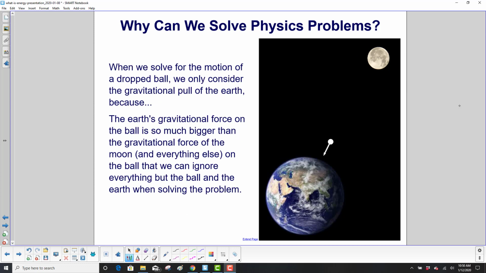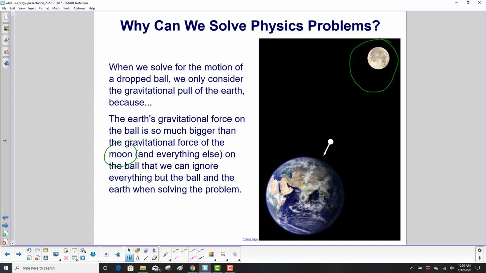When we solve for the motion of a dropped ball, we only consider the gravitational pull of the Earth, because the Earth's gravitational force on the ball is so much bigger than the gravitational force of the moon and everything else, including the sun, that we can ignore everything but the ball and the Earth when solving the problem. However, if we wanted to solve for the motion of the tides, we absolutely would have to take into account the gravitational force by the moon and also the sun.